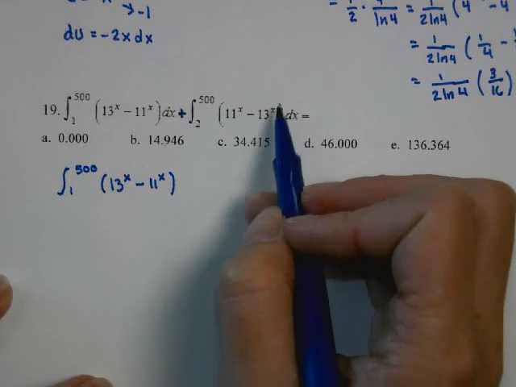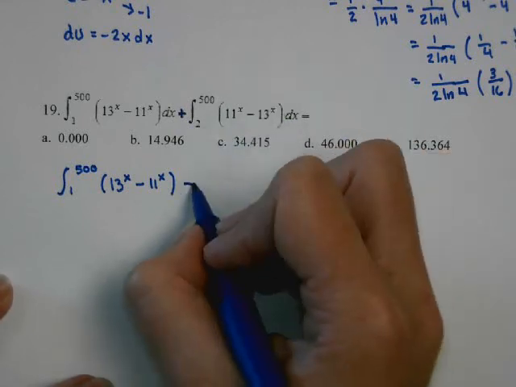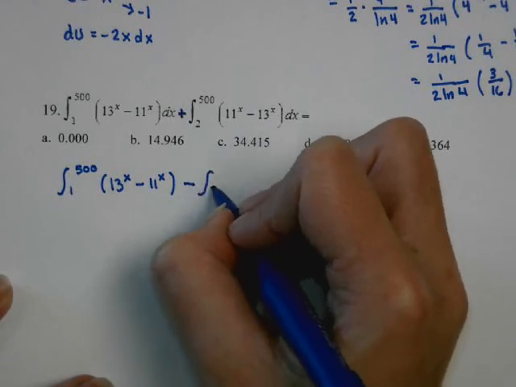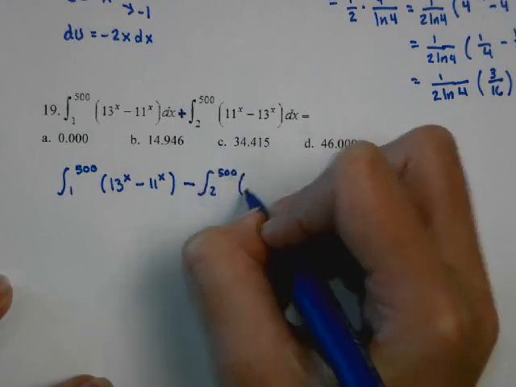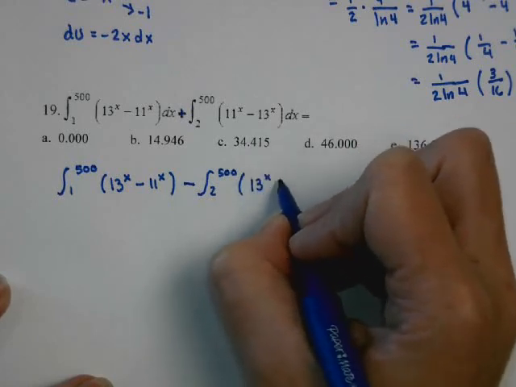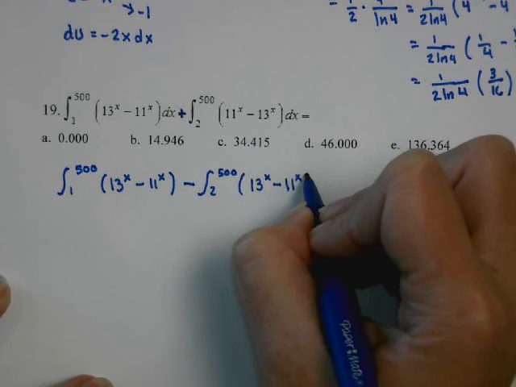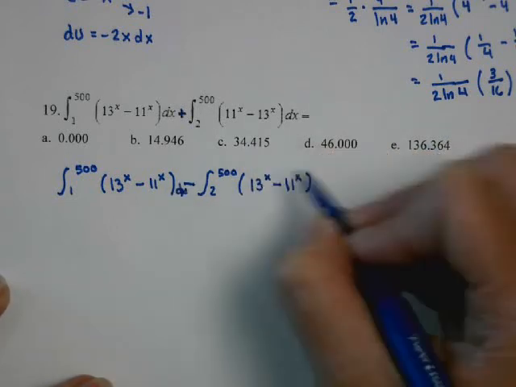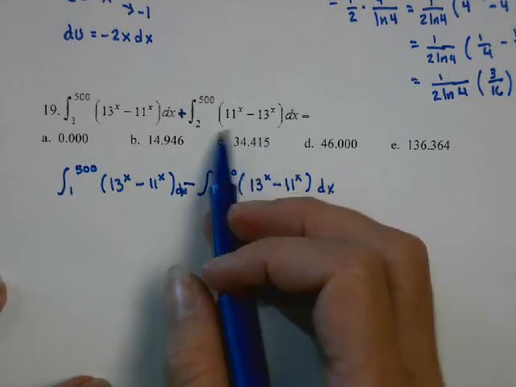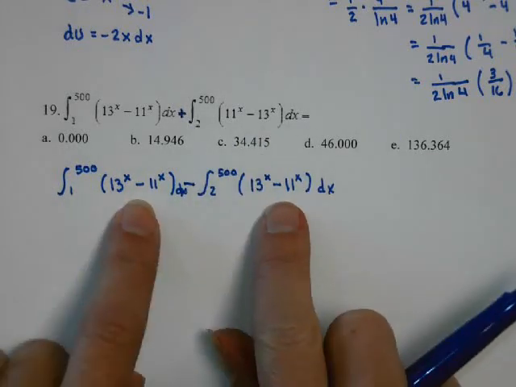and I'm going to switch these. So I'm going to make this the opposite of what this is. Because these are switched, I'm going to make this 13 to the x minus 11 to the x. And again, I did this by making it the opposite. If I distributed it back in, this is what we have. Well, now I have the same thing.